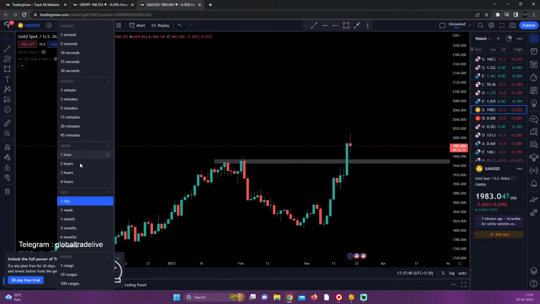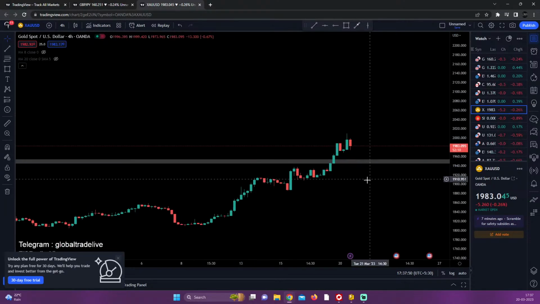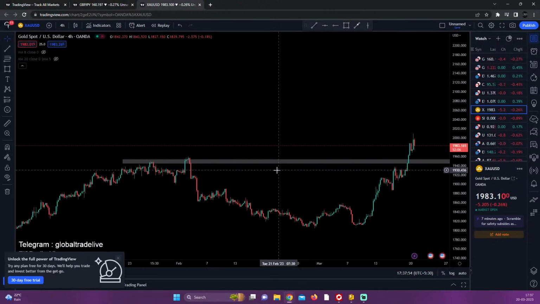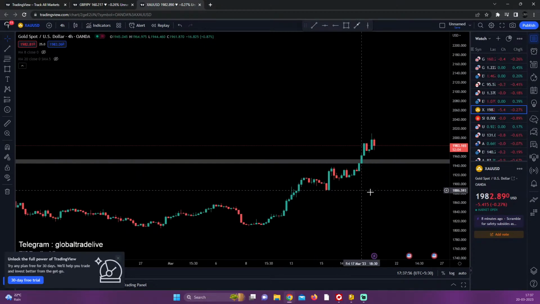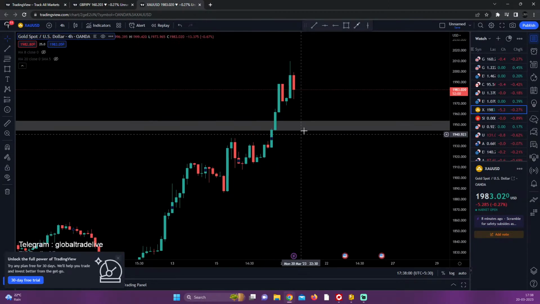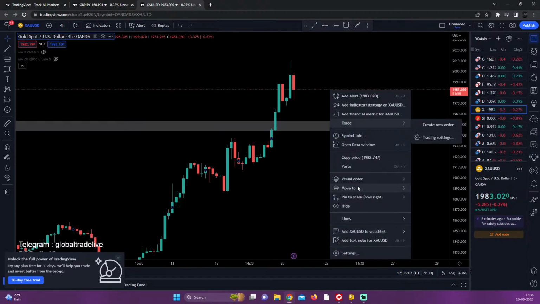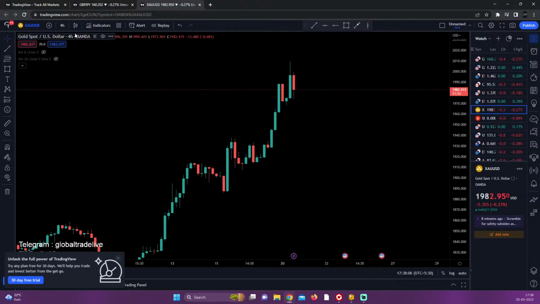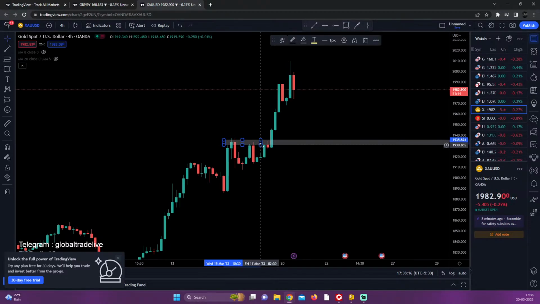So we might be having some kind of a retracement in gold, and if we just look at the 4-hour time frame, I'm gonna zoom in a little bit, remove all the drawings. If I look at the 4-hour time frame over here, then there was a resistance over here in the 4-hour, right?